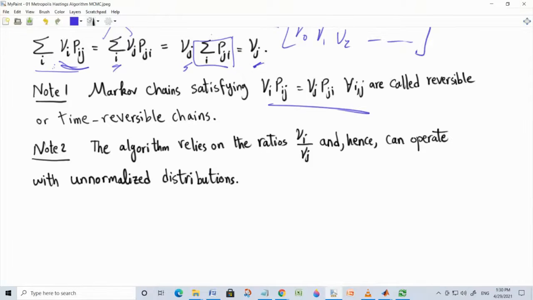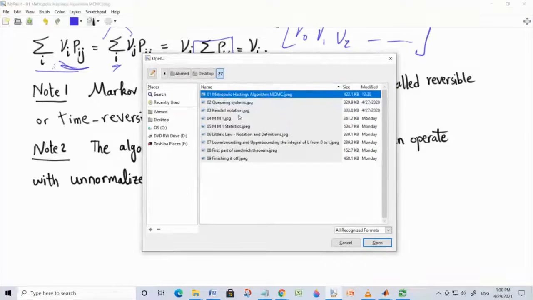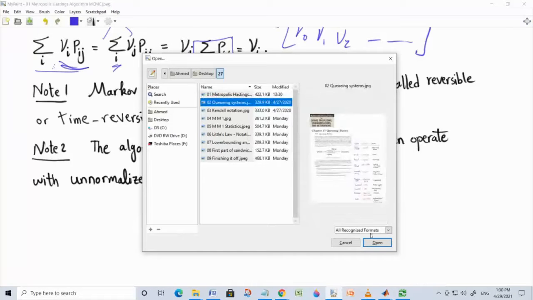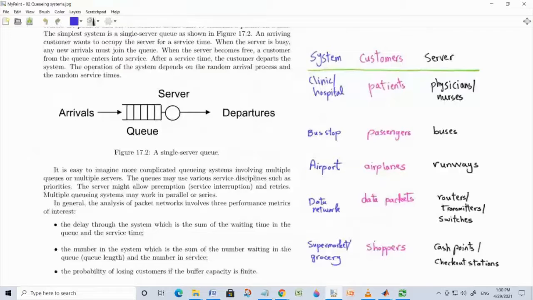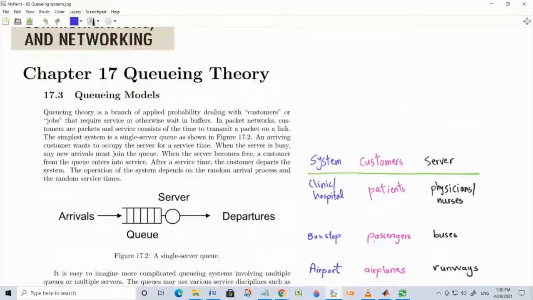Okay, so let's move to the next topic, which is queuing. If you talk about discrete time Markov chains and continuous time Markov chains, then the natural application is queuing theory. And a queue is a system in which you have arrivals, and those are customers, and they need to be served.